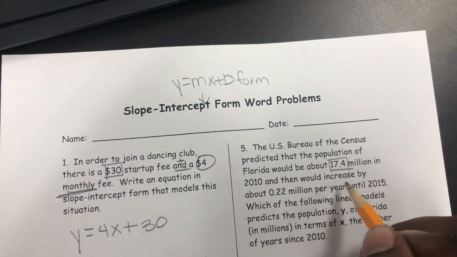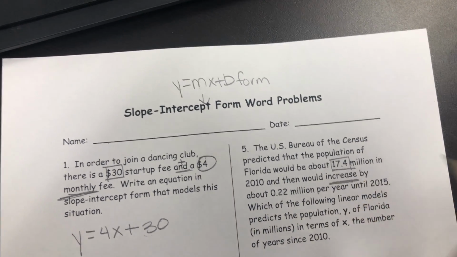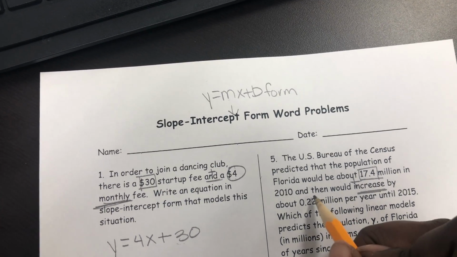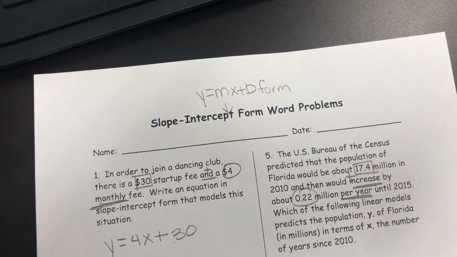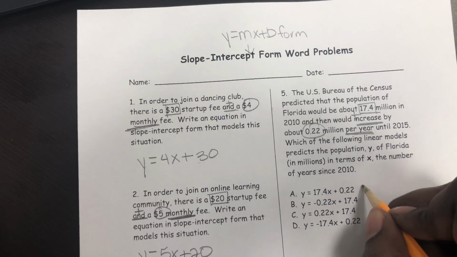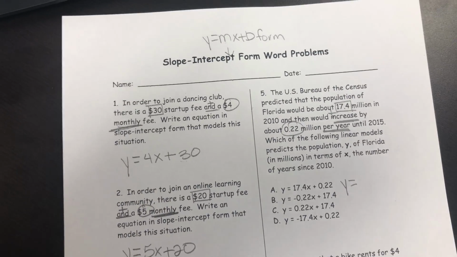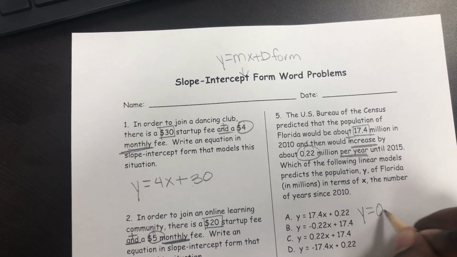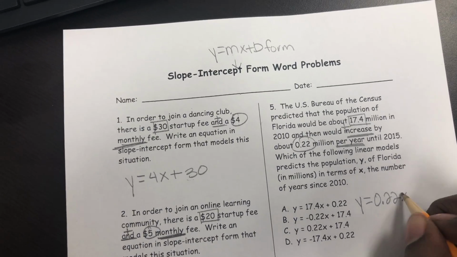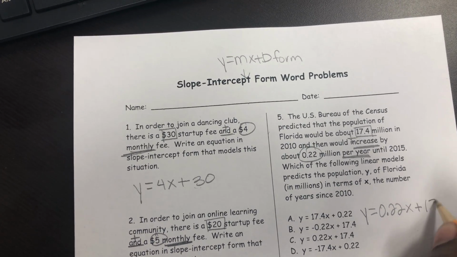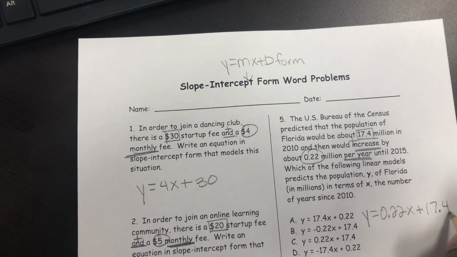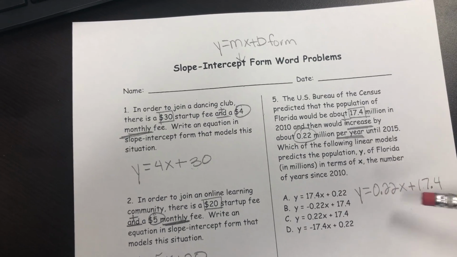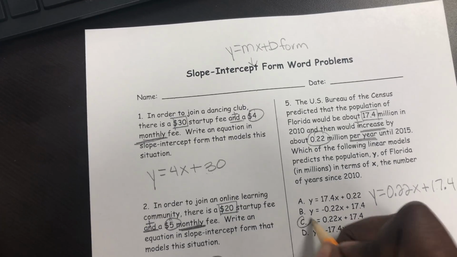And then it says, and then would increase. So usually that word increase means to add by about 0.22 million per year. So that's exactly how you're going to put it in an equation. So 0.22 million is going to be your slope, and then 17.4 is going to be your y-intercept. So which one of these looks like this one? C.